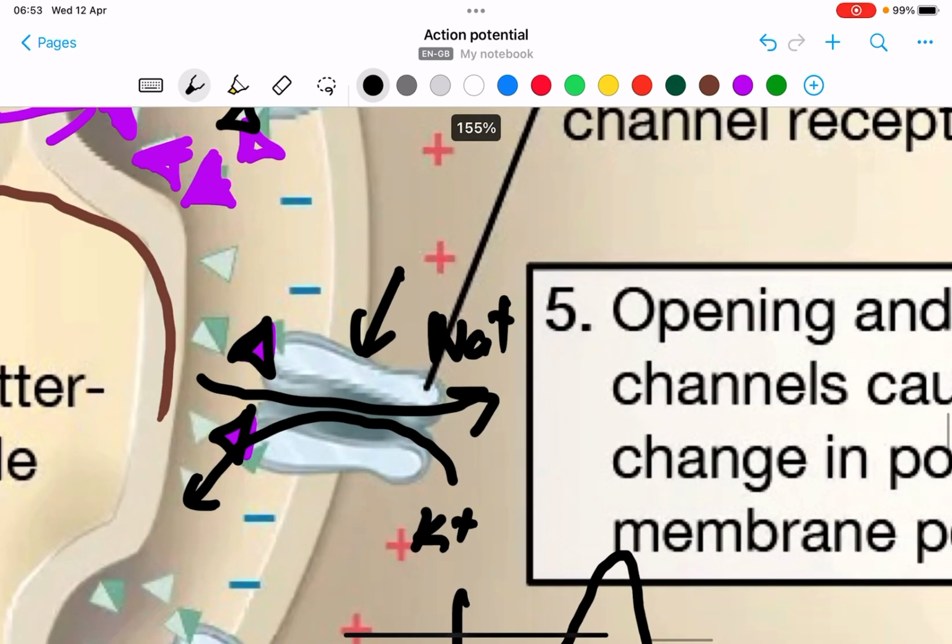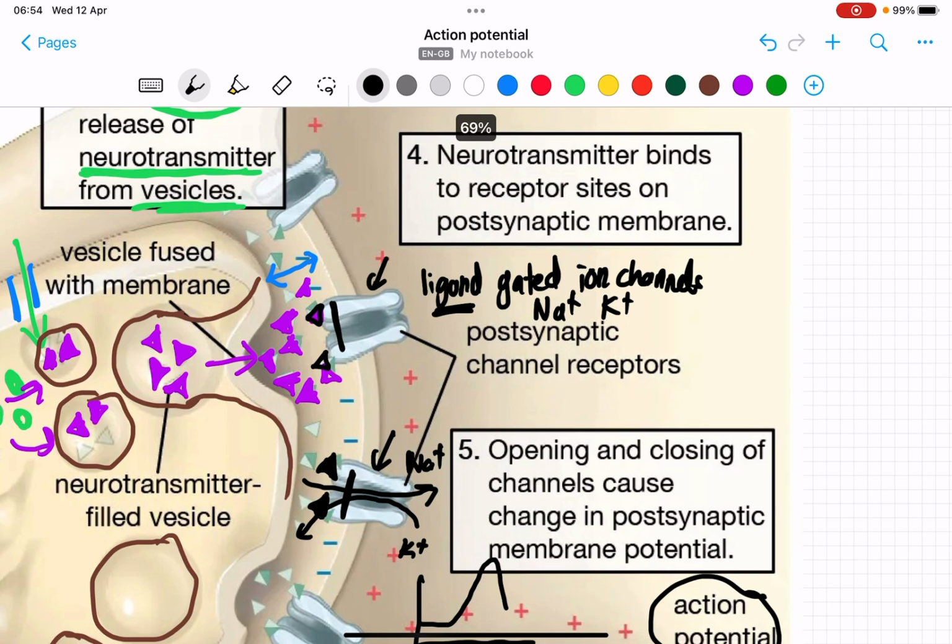So the function of neurotransmitter is basically to bind and open the ligand-gated sodium channel. Before it binds, the sodium and potassium ion channel is closed.